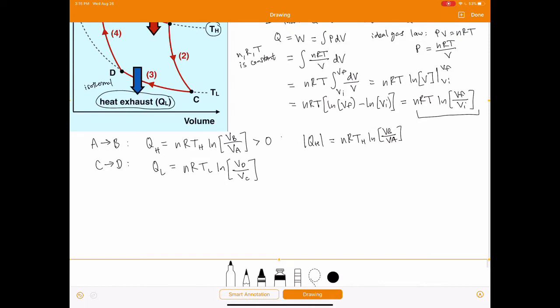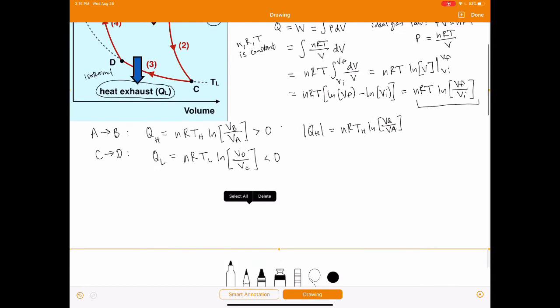Okay, but this is going to be something negative because heat is flowing out of the gas. So what we want to do is come up with an expression for the absolute value of that. So the absolute value of QL would just be minus nRTL times natural log VD over VC.